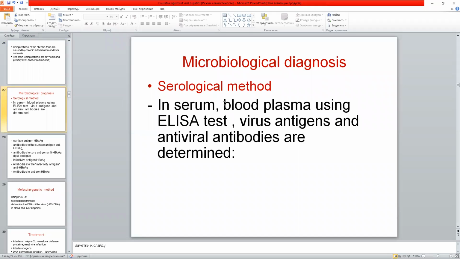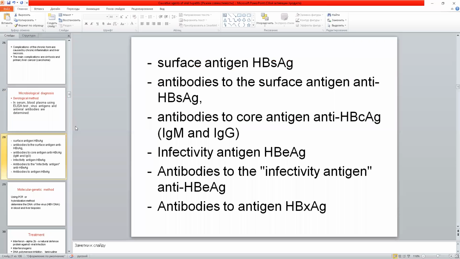So the aim of the serological method is detection of antigens of microbes and antibodies to microbes. Of course, in the serum and blood plasma, viral antigens and antiviral antibodies are detected by ELISA test. What are they? Surface antigen circulates in the blood in a free state.